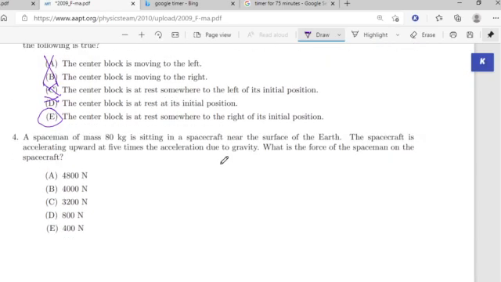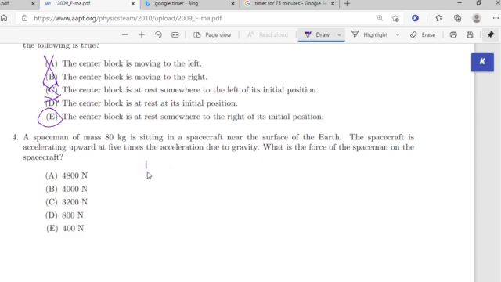Alright, okay, so a spaceman of mass 80 kilograms is sitting in a spacecraft near the surface of the Earth. The spacecraft is accelerating upwards at 5 times the acceleration due to gravity. What is the force of the spaceman on the spacecraft?